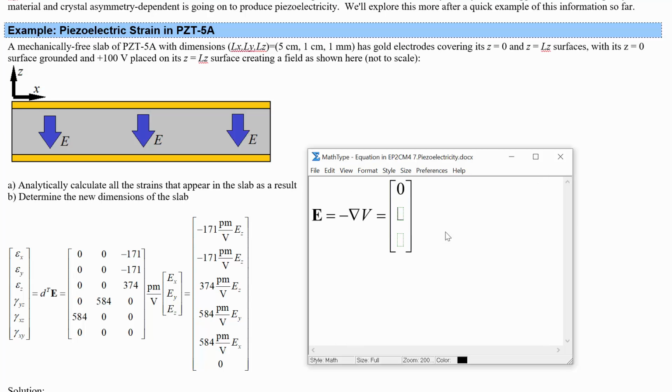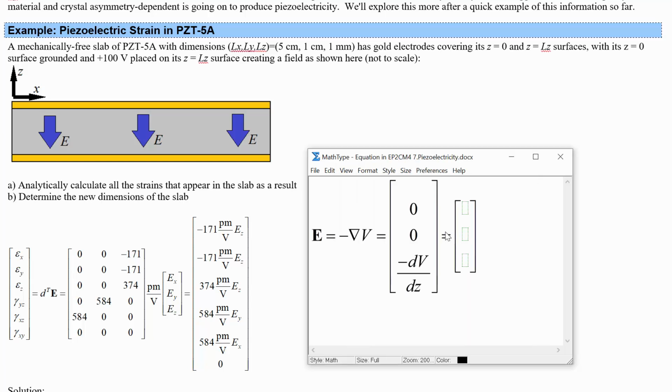let's put a smaller vector, 0, 0, and something in Z. And here it is dV by dZ, what the slope is of V in the Z direction. All right, so that is a change of 100 volts per step down.